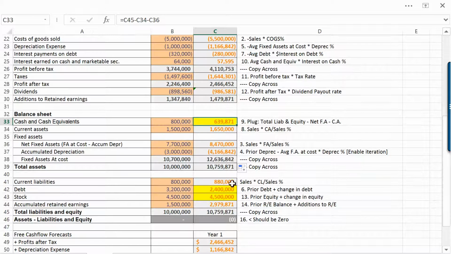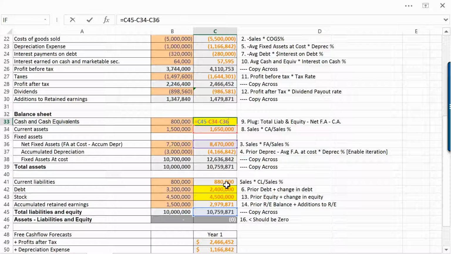That eventually I'm going to forecast debt and equity, all the other current assets and current liabilities. But in order for the balance sheet to balance, in other words, have the liabilities and equity equal to assets, I'm going to have to create a plug, and that plug is cash.